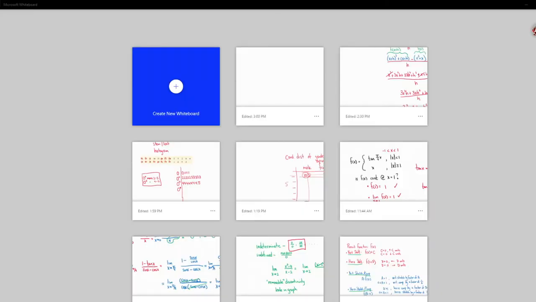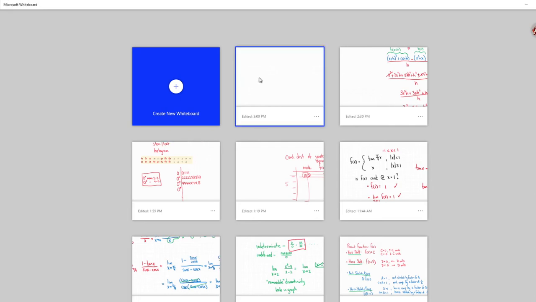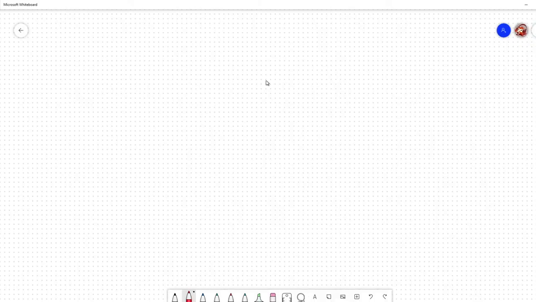Okay. So on our whiteboard, what we're going to do is talk about measures of center and spread. So this is going to be a little bit of an algebra view because we should be familiar with some of these already.